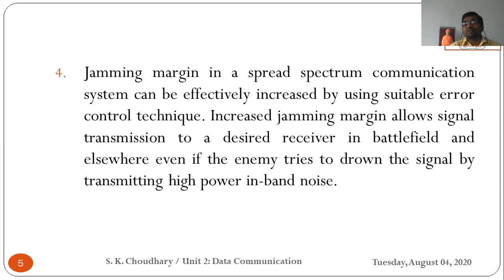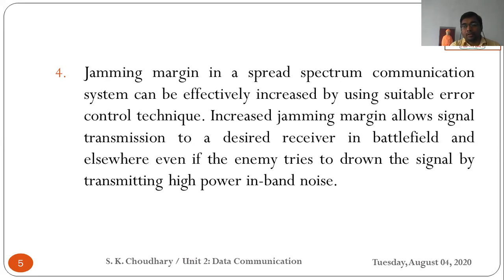Generally it is used in spread spectrum communication systems, which you will learn in the last unit, the 6th unit. These spread spectrum communication techniques are basically used in military applications. So we require an error control technique so that we can effectively transmit our messages, even if our enemy tries to obstruct by sending high power in-band noise.